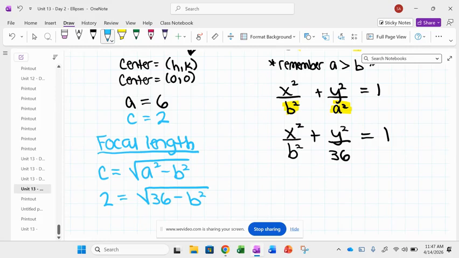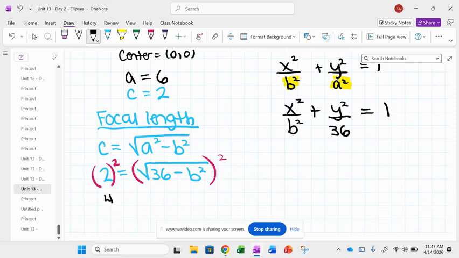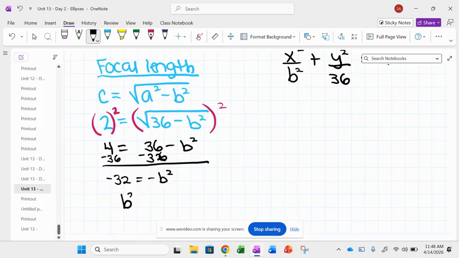I'm going to solve for B squared. So to undo a square root, what should I do? Square both sides. So we're going to have 4 is equal to 36 minus B squared. Minus 36 on both sides. I'm going to have negative 32 is equal to negative b squared. So b squared is equal to a positive 32.